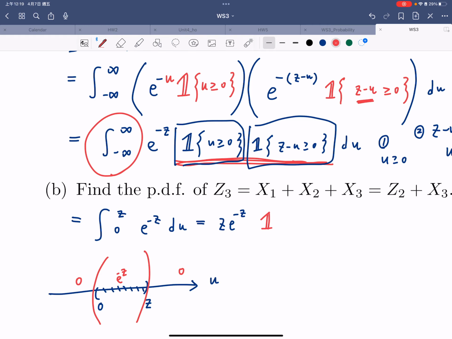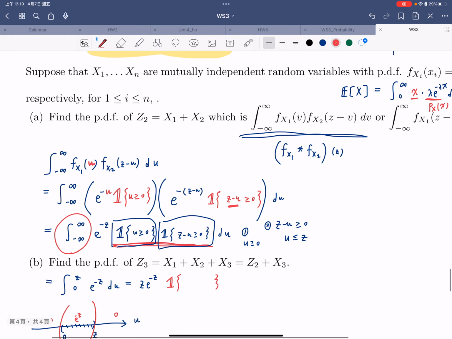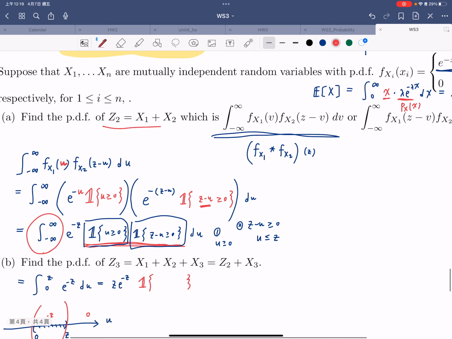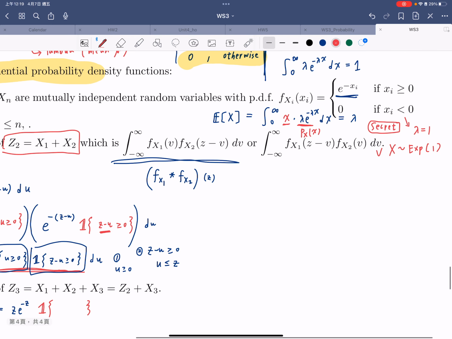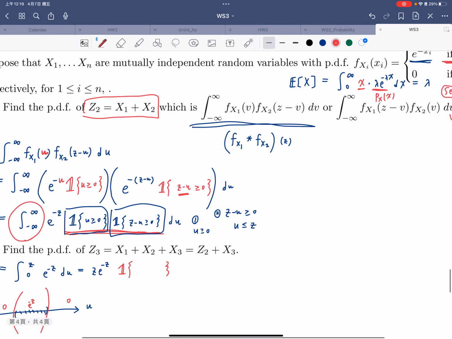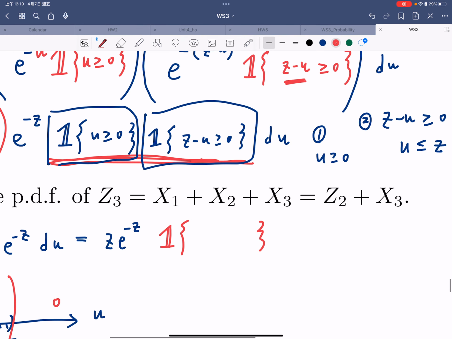Here, z has some range. Okay, so z is the sum of two random variables, and these two random variables are always greater than 0. So greater than 0 plus greater than 0 is greater than 0. So this z is greater than 0.